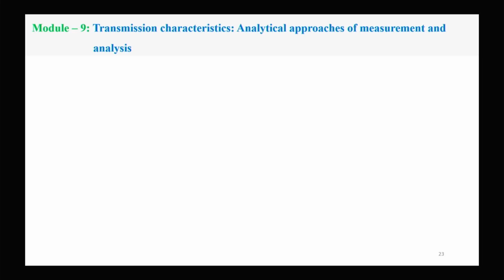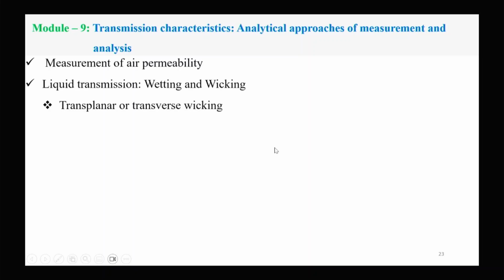Then transmission characteristics. Transmission characteristics are of different types. One is air transmission, then moisture transmission, moisture in liquid form and in the vapor form, and heat transmission. So this all we will discuss.